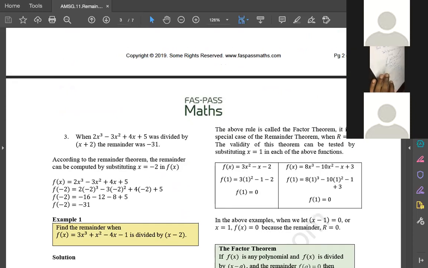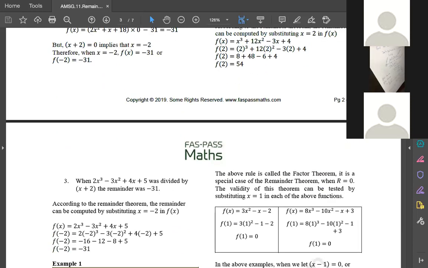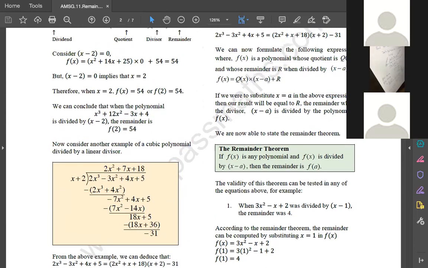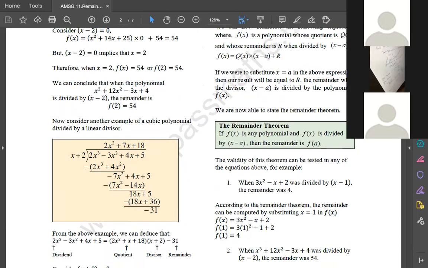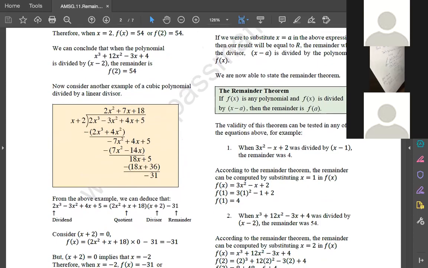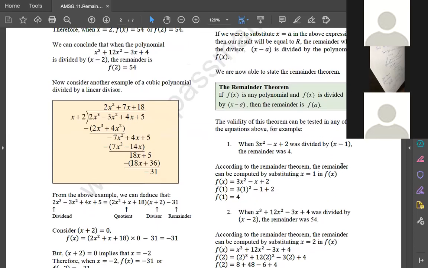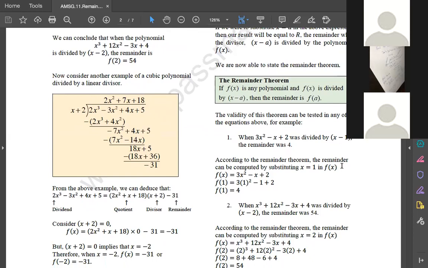Did you get the expression? x cubed plus 12x squared minus 3x plus 4 divided by x minus 2.